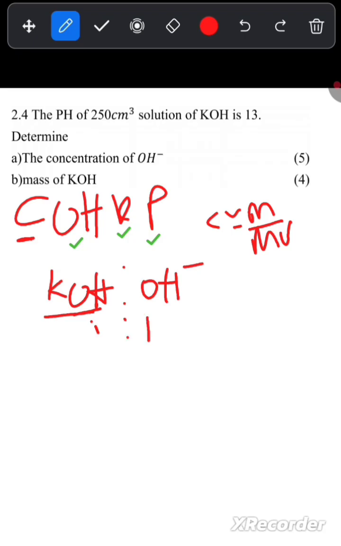And we know that the concentration was 0.1. So the concentration of KOH is equal to 0.1 mole per cubic decimeter. It will be the same because the ratio is 1:1.